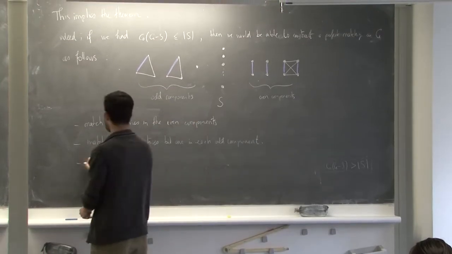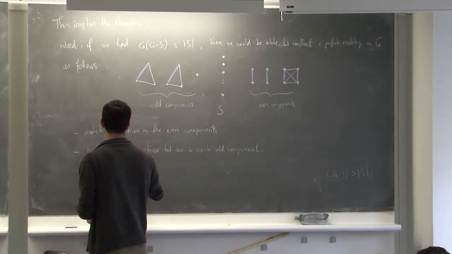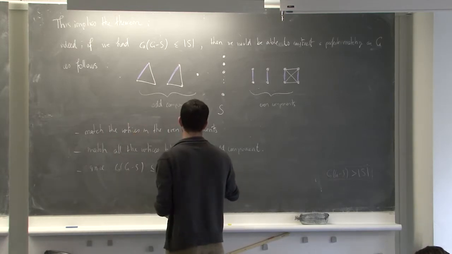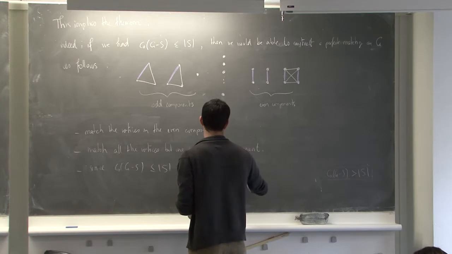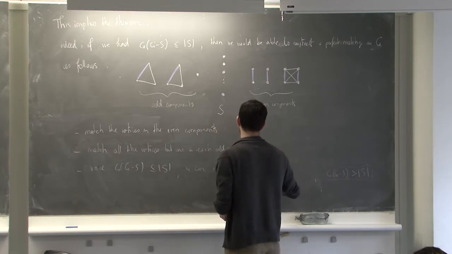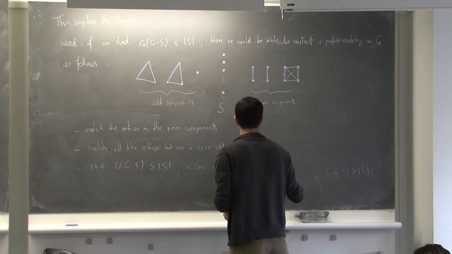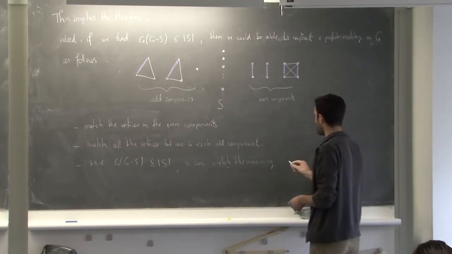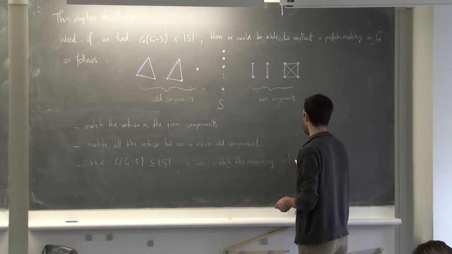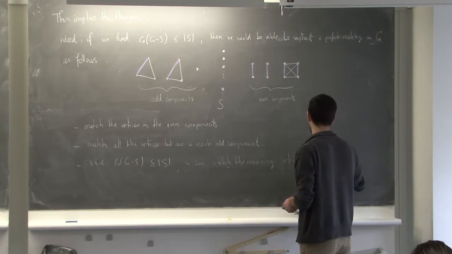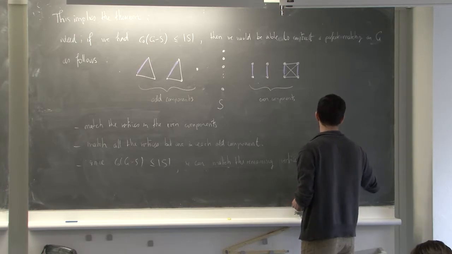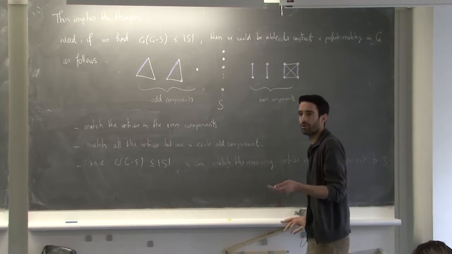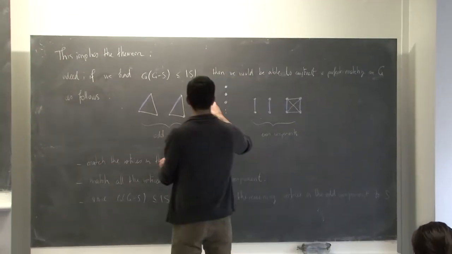So since C0 of G minus S is less or equal to S, we can match the remaining vertices in the odd components to elements of S. Remember, S is linked to everyone, so we don't have any problem here.